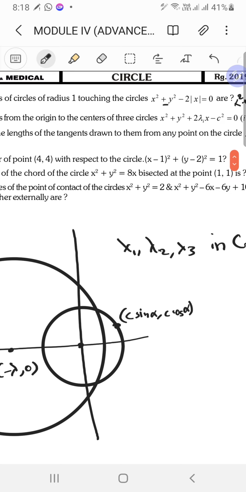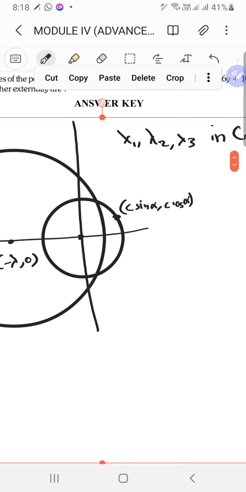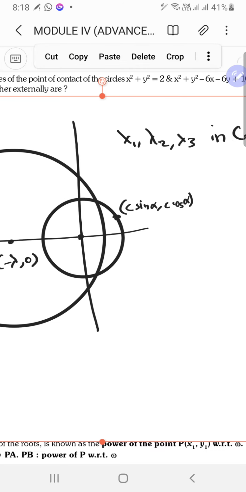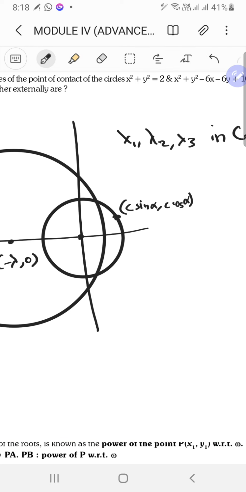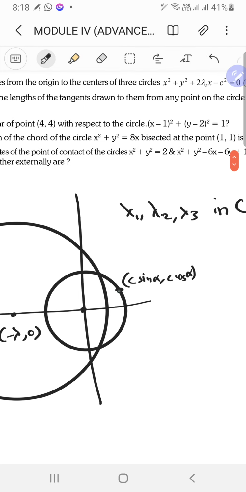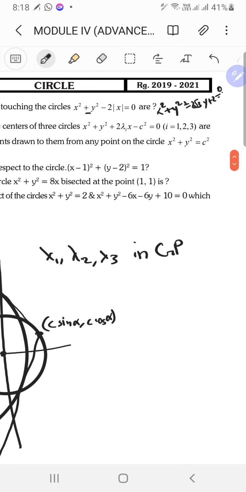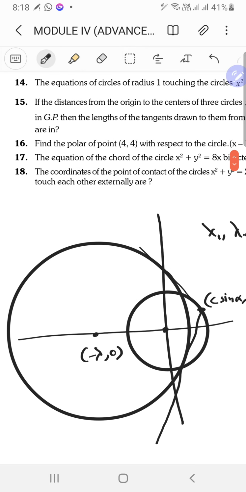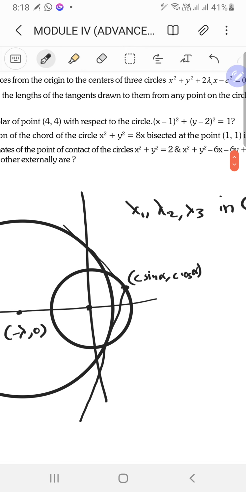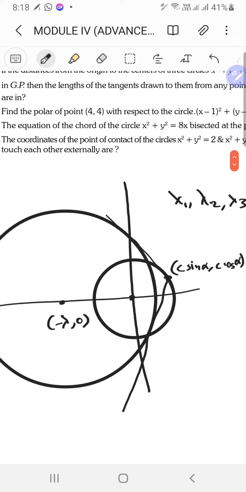Okay, and then we draw tangents from this point to this bigger circle. Okay, and then they want us to find those lengths first of all. Okay, this is getting bad already. How do we find those lengths?